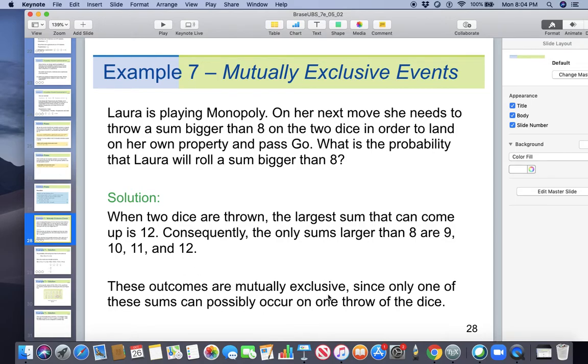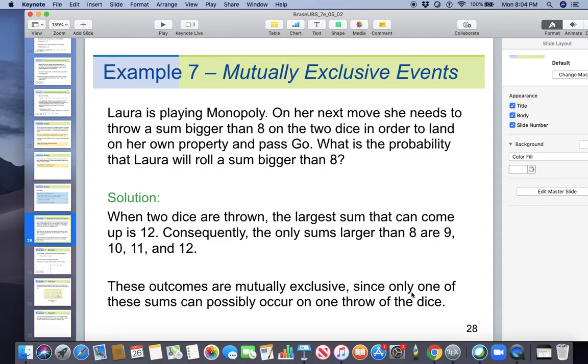These are mutually exclusive. That means you cannot have a sum of 9 as well as a sum of 12. You can have a sum of 9 or a sum of 10 or a sum of 11 or a sum of 12, but not two numbers simultaneously.